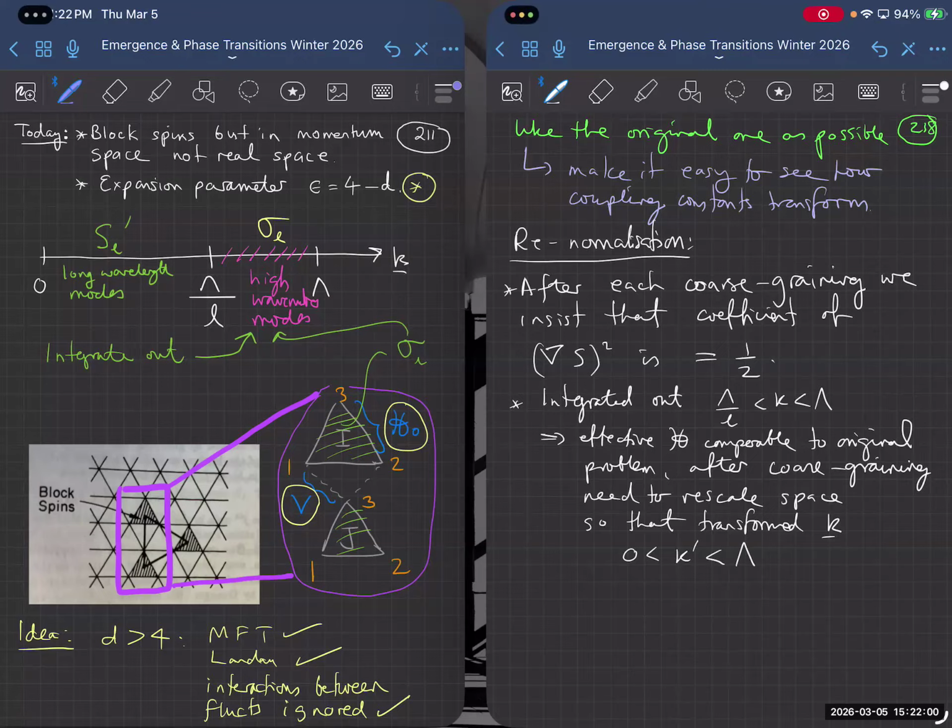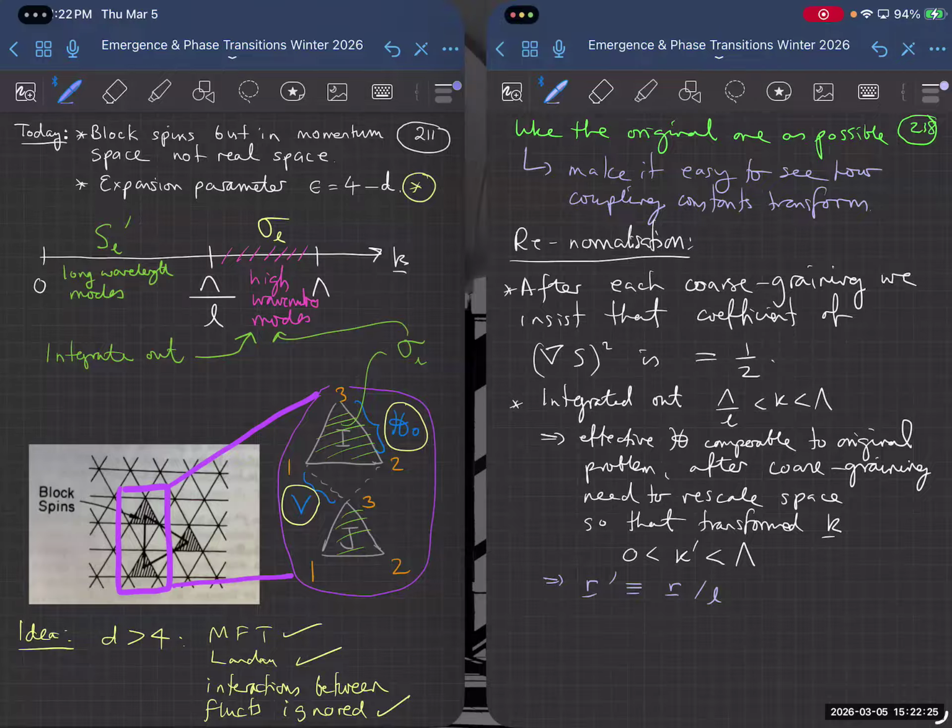So we're going to have to do that as well. And how do we do that? Well, we already know that the rescaling of space is just going to be a new space, R prime, which is defined as R over L. And then in that new system of coordinates, K will go back to being between naught and lambda.